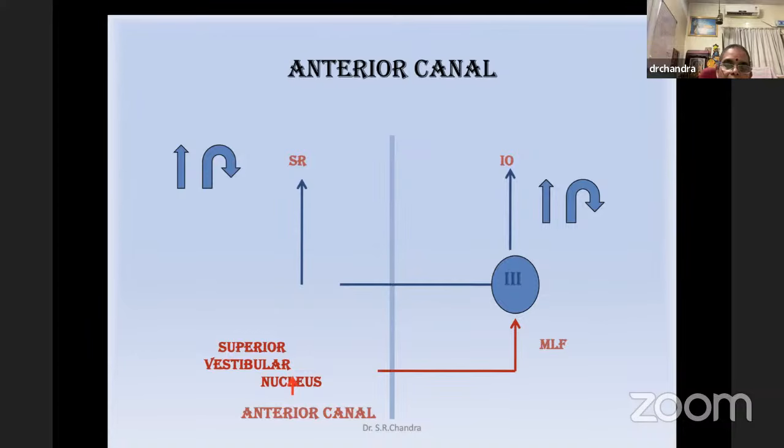So the anterior semicircular canal's common function is elevation, by supplying the ipsilateral superior rectus and contralateral inferior oblique, but vertical recti adduct and superior muscles intort. So superior rectus is an intorter, inferior oblique is an extorter. The common action is elevation.